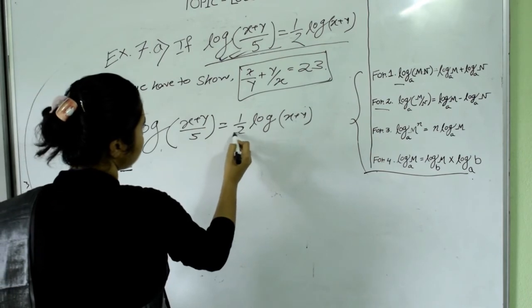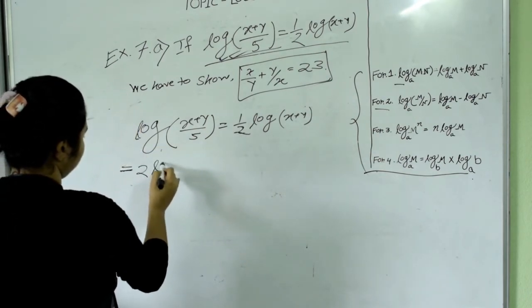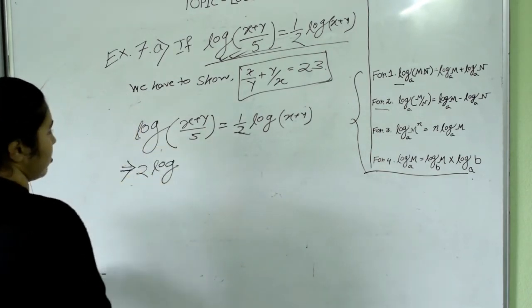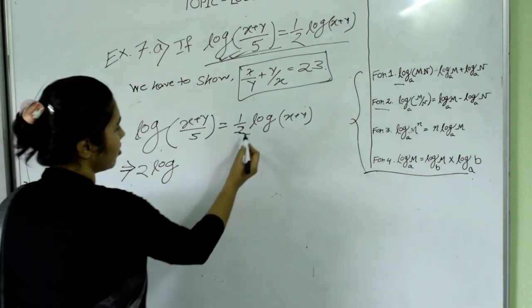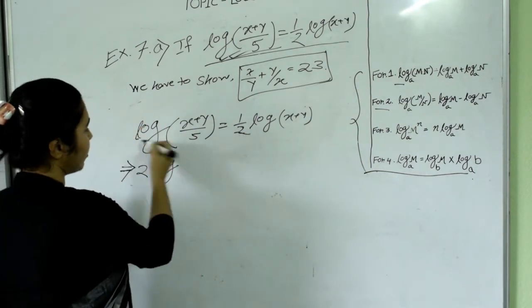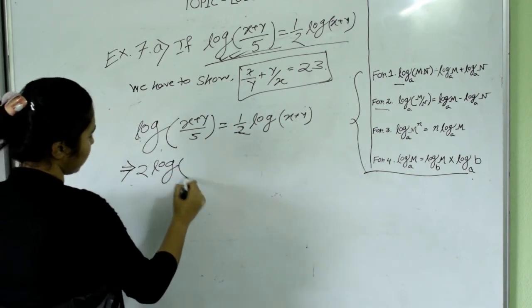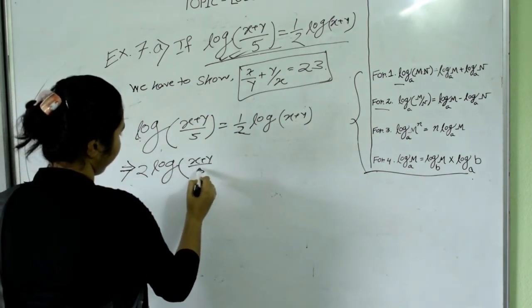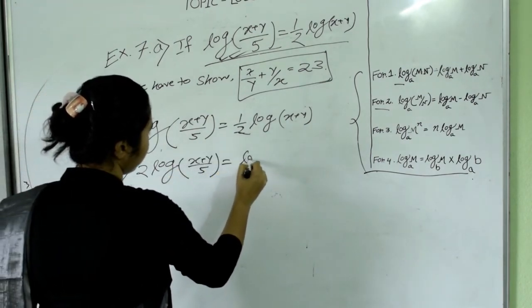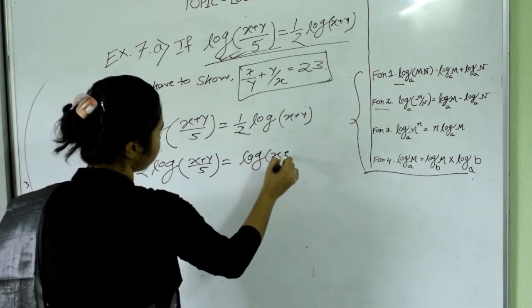Now multiply by 2, since here we have half, so multiply to this side. So 2 log of (x plus y) divided by 5 is equal to log x plus log y.